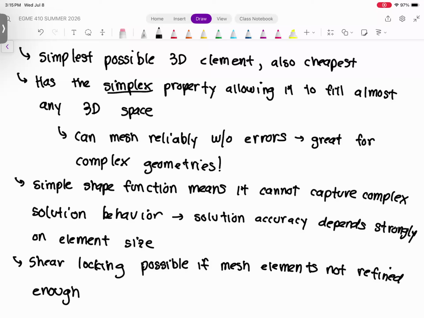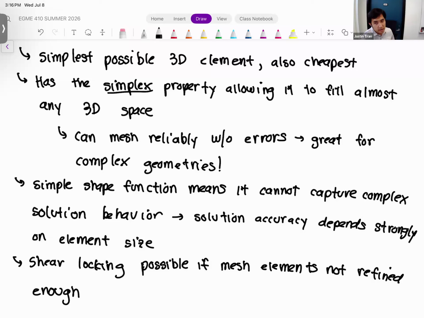Whereas the geometry itself, like the triangle being the shape that it is, and also smaller than a quadrilateral, would be better with the geometry. So basically if we had a quadrilateral the same size as a triangle, could we say that it's not as good for the geometry itself, but it's better at capturing the complex solution behavior? Yeah, so the geometry and the solution are different things.